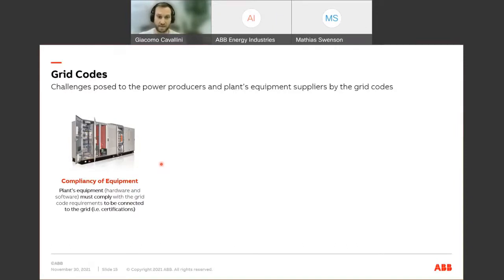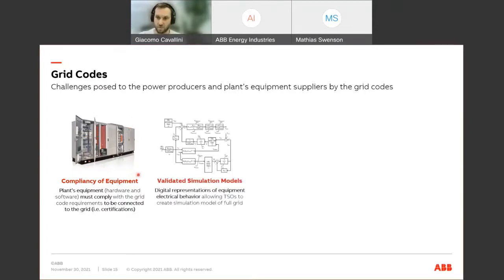One of the things is, of course, that equipment connected to the grid has to comply with the grid code. Comply meaning that the hardware and software functionality of the equipment has to be in line with what the grid code specifies. On the other side, the transmission operators often require, this depends on market to market, simulation models or mathematical models of the equipment connected to the grid.